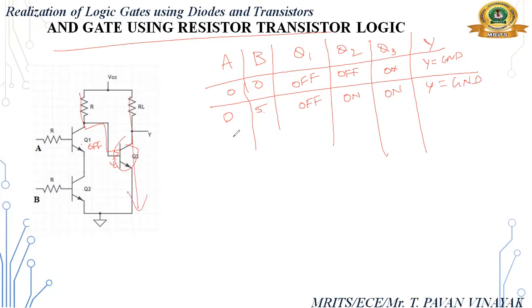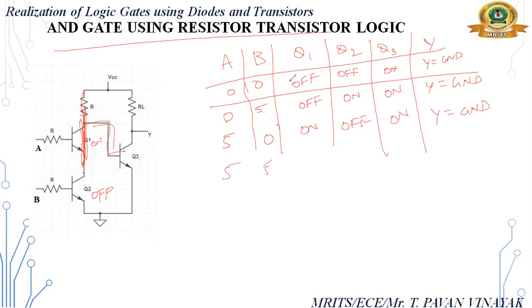Output is ground always. Next I am giving 5 volts here, 0 volts here. Whenever I give 5 volts, this is on, means this is shorted. This is off. So VCC only goes to here because this is off, we can't go anywhere. Again Q3 is on. Whenever Q3 is on, output is ground.